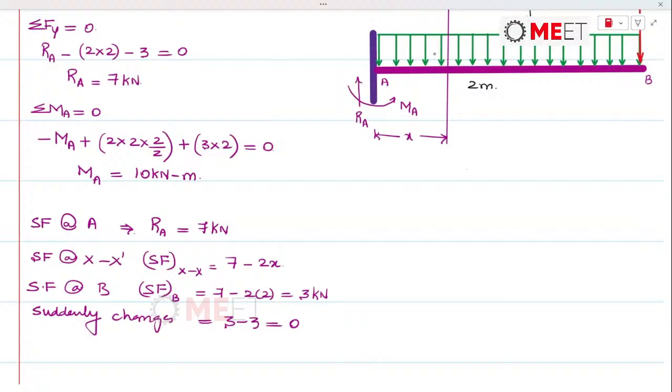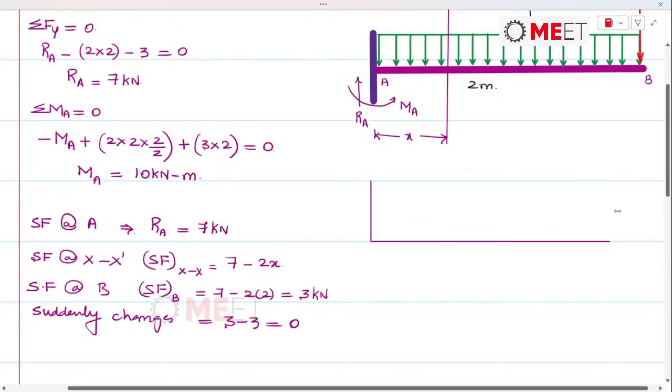So let's draw the shear force diagram. So here, first, this would be the base of the shear force. Now the height of shear force at point A will be maximum, that is going to be 7 kilonewton.